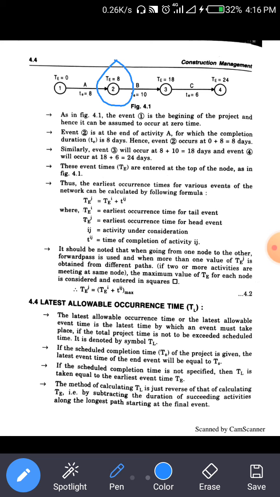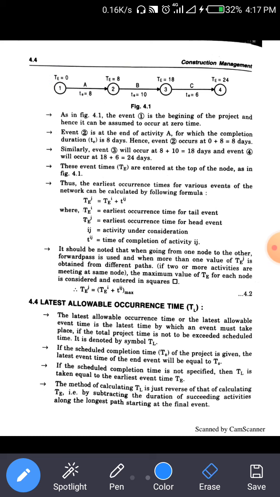Hence event 2 occurs at 0 plus 8, which is equal to 8. Event 2 is the end of activity A, and similarly event 3 is the end of activity B, and starts from 8 days.